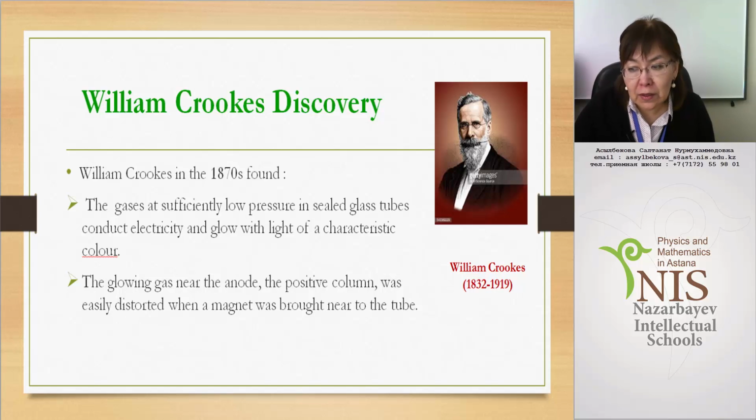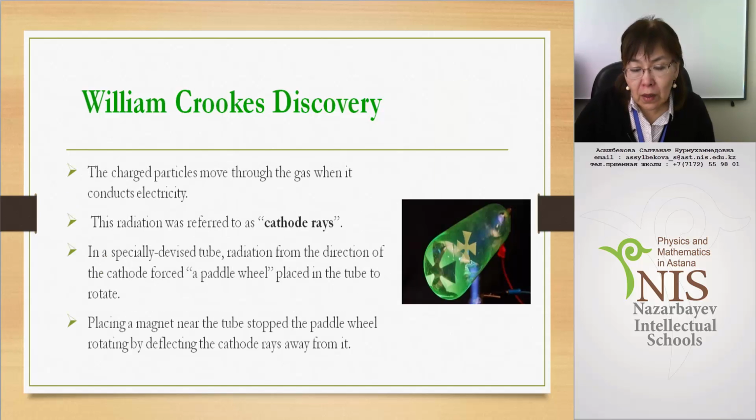It happened near the anode, where the glow was attracted by the positive plate, and this glow was easily distorted when a magnet was brought near the tube. He understood that charged particles move through the gas when it conducts electricity. He called them cathode rays.